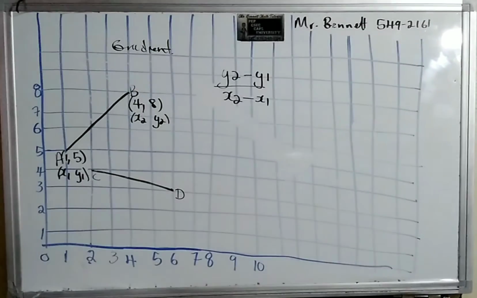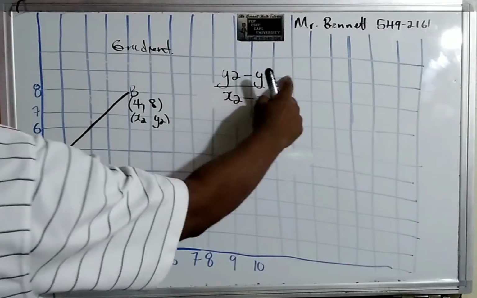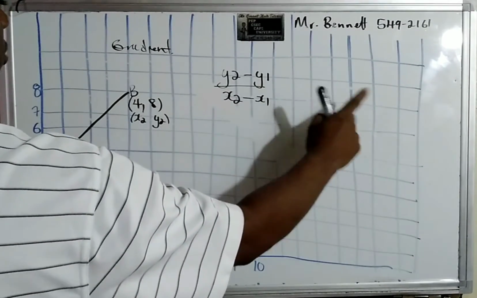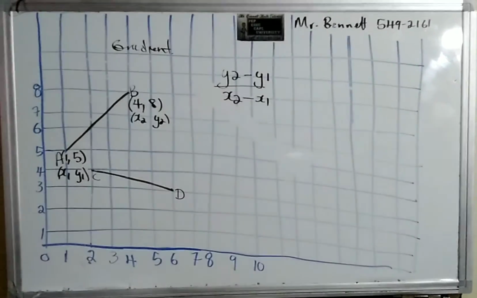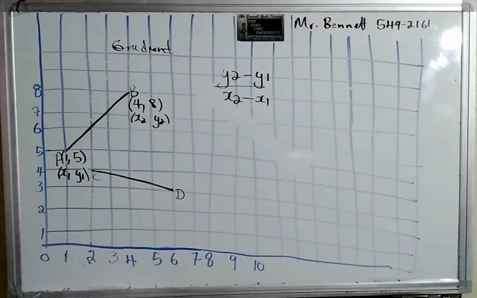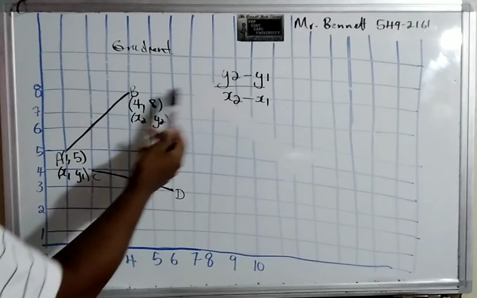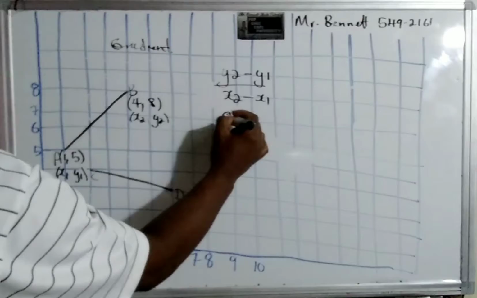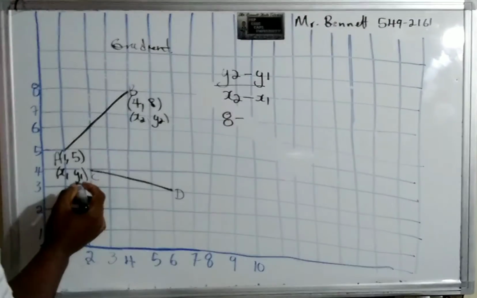But guys, we can do it the other way. We could have y1 minus y2, but we'd have to say x1 minus x2. Just that my students say they are comfortable with this way, so I'm just showing it this way. Now what we're going to do is replace these values with the coordinates. y2 is 8, so it will be 8 minus y1, which is 5.